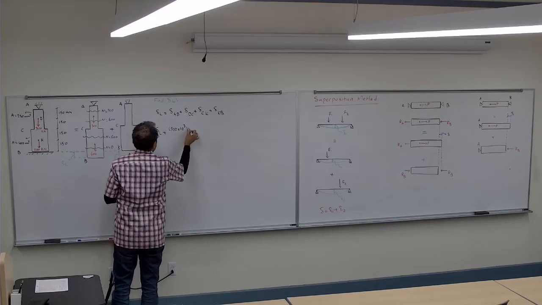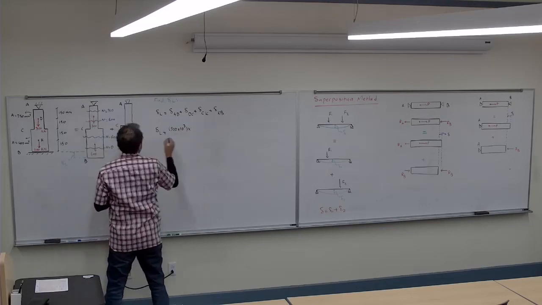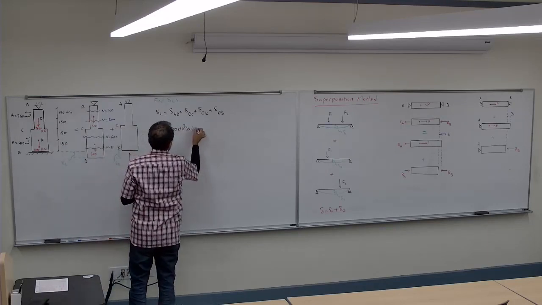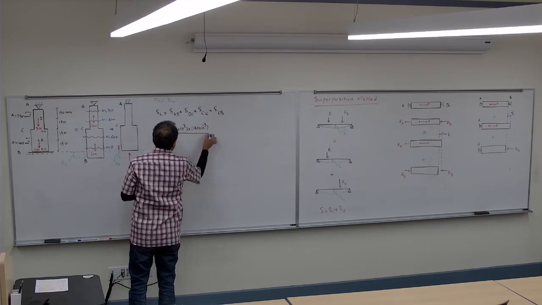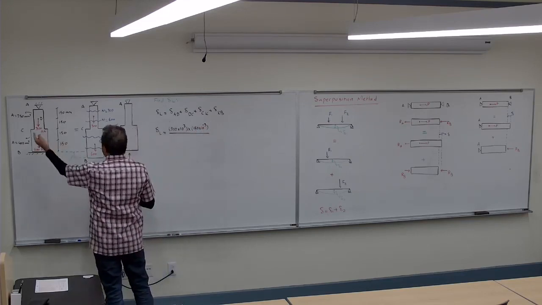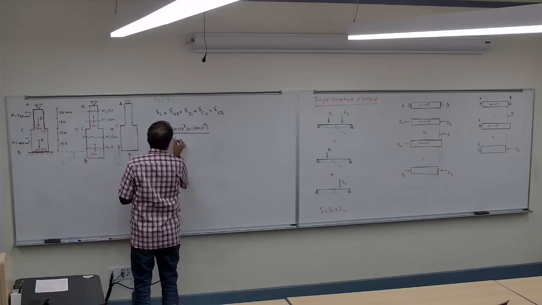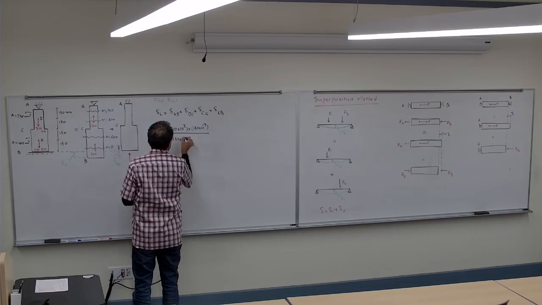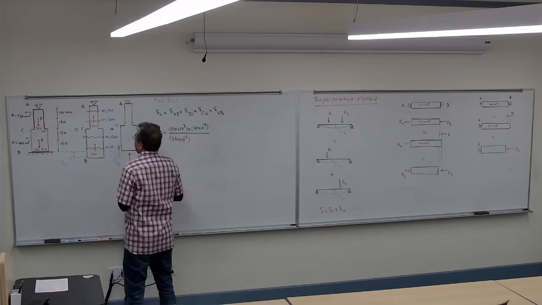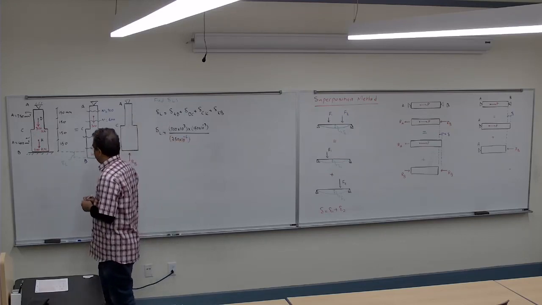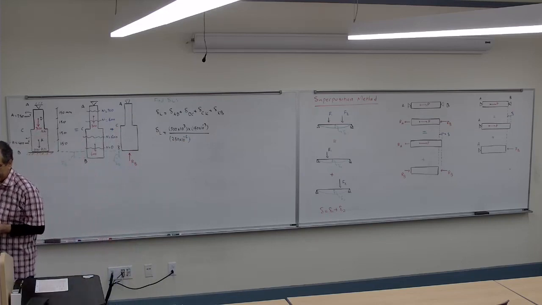So the P times the L is 150, divided by area, which is 250, and E, what's the E?